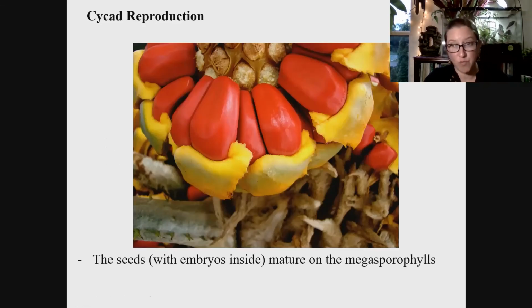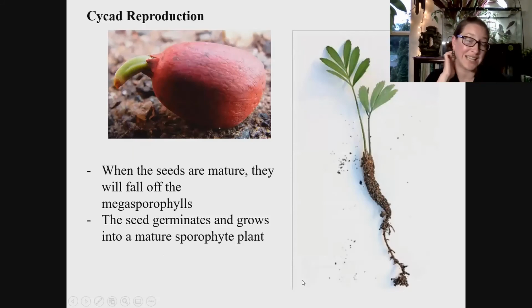Eventually, the sperm and egg will fuse, and the ovule will then turn into a seed. So these are examples of some seeds that are finishing up, and they are on the leaves that had the ovules on them, the megasporophylls. Eventually, the seed falls off.